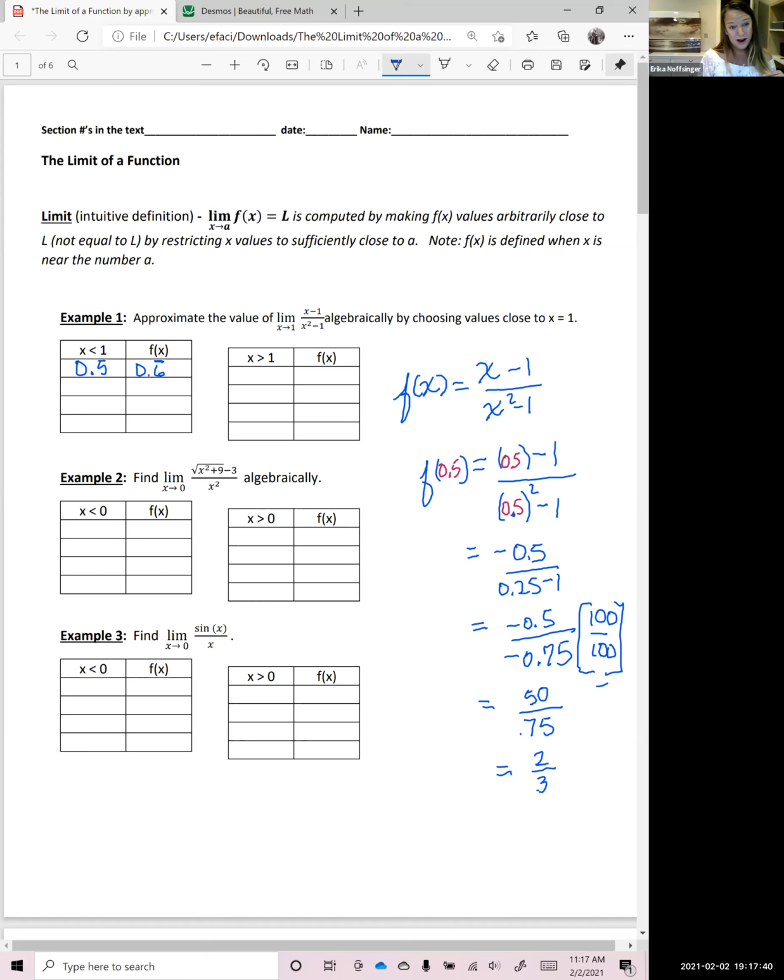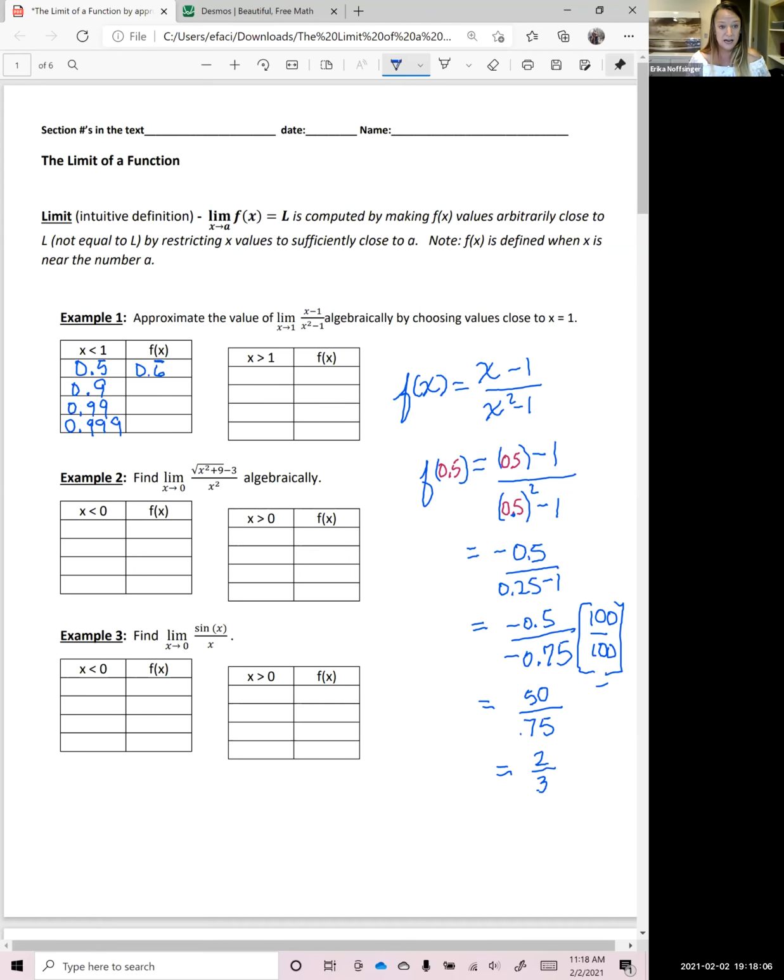Okay, so that's a number kind of close to 1 on the left, but now we want to see something even closer. So then you put in, let's say 0.9, and then someone maybe put in 0.99, and maybe someone else put in 0.999. So those are numbers that are getting closer and closer to x equals 1 on the left.